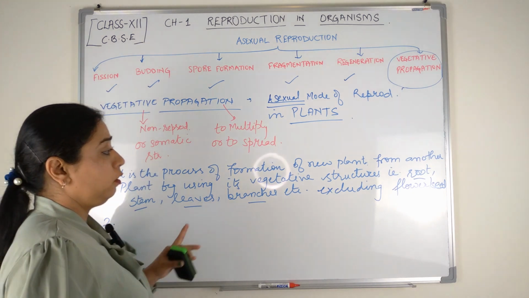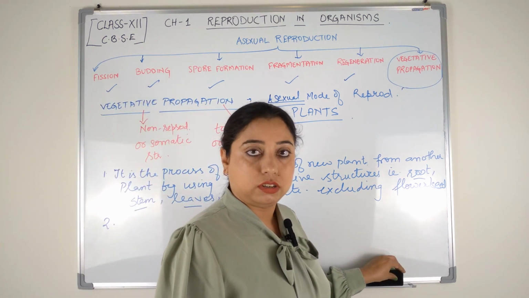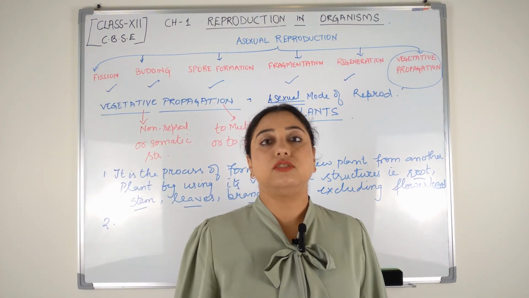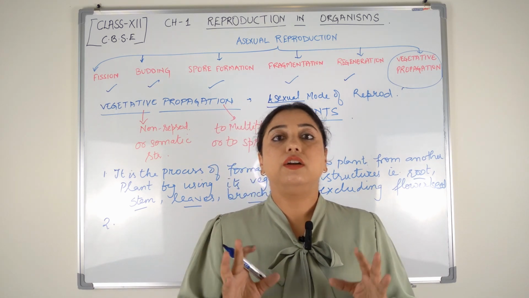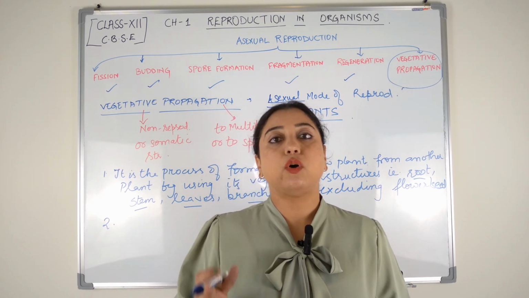Secondly, these vegetative structures, that is root, stem, leaves, branches, all of them are known as vegetative propagules.